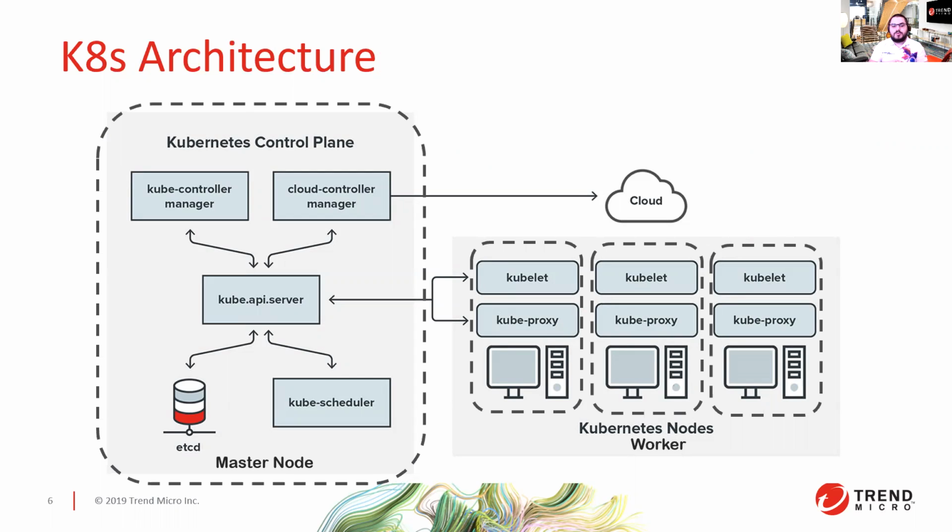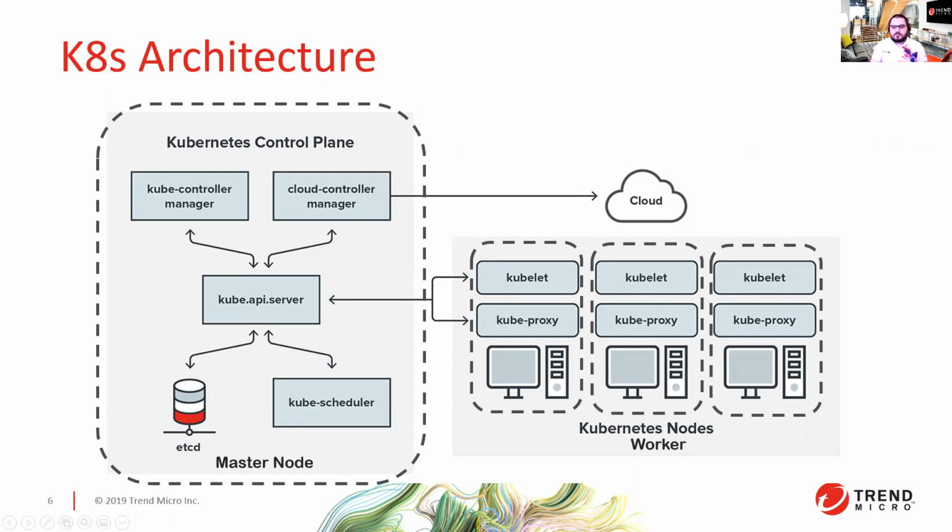You have the Kube API server, which handles exposing and receiving API calls, right? You have the etcd database, where Kubernetes stores all its internal information. You also have the kube scheduler, which decides where to run the pods.